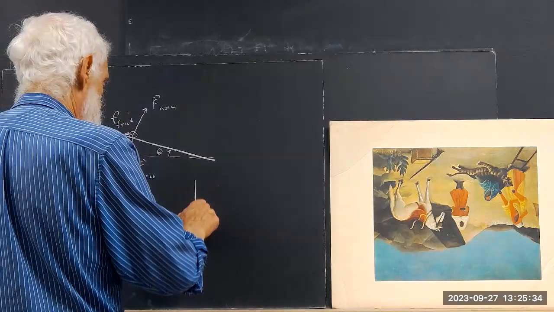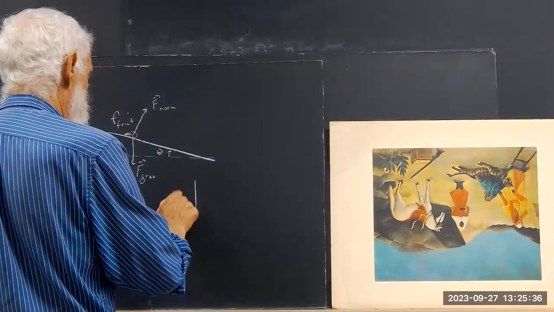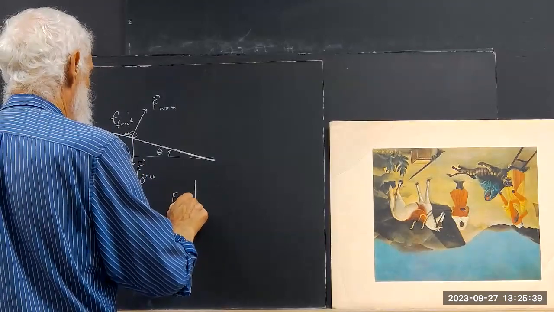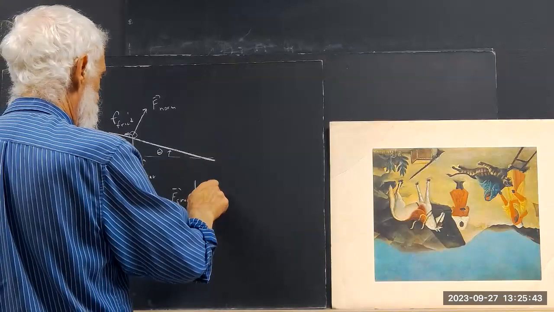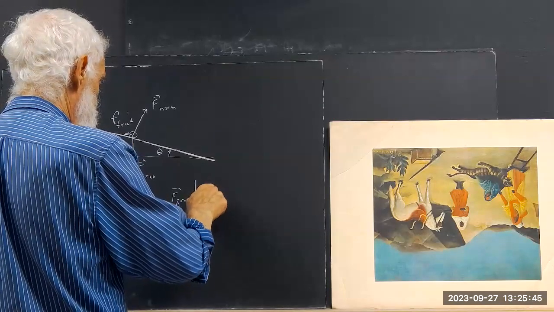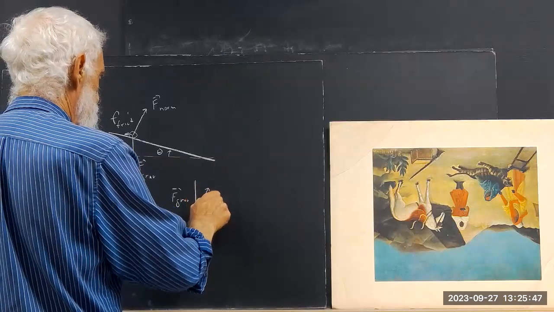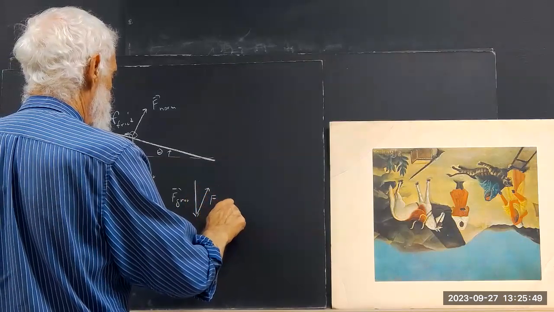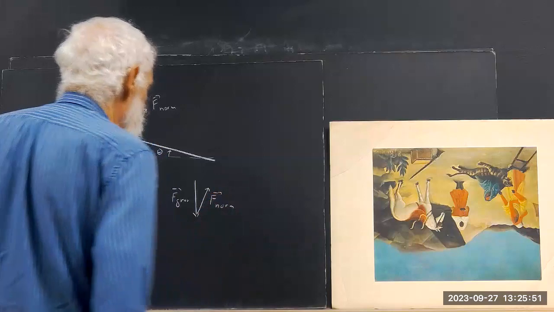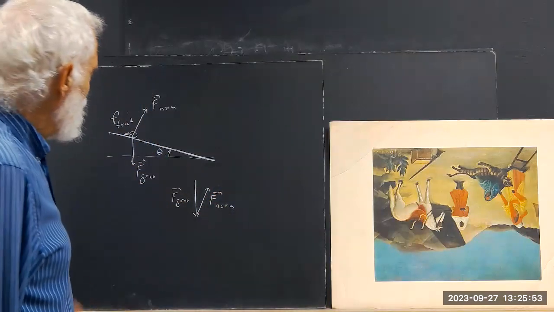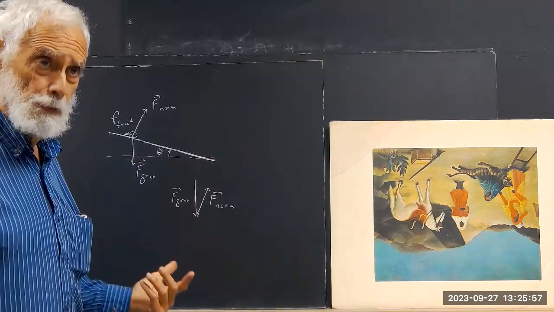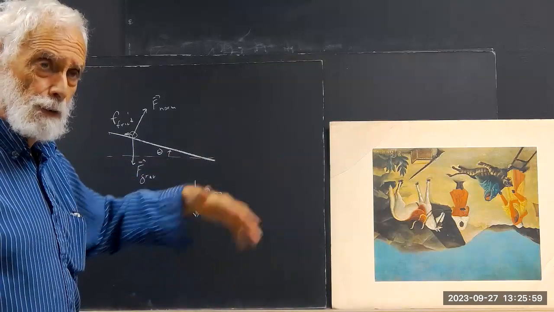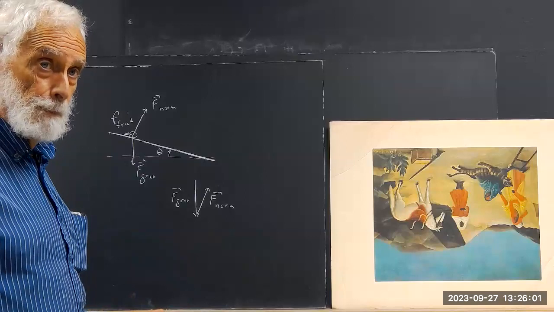So we've got a gravitational force vertically downward, a normal force, and the gravitational and normal force have to add up to give us a vector in the direction down the incline for reasons we said before, because there's no acceleration perpendicular to the incline.